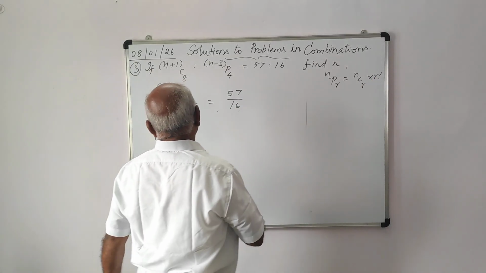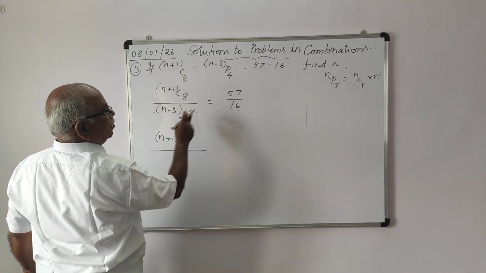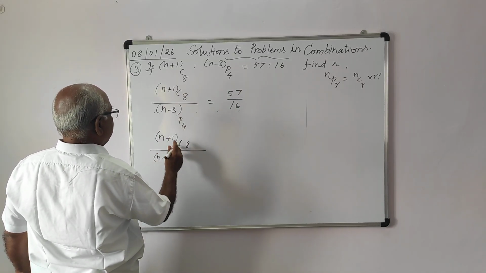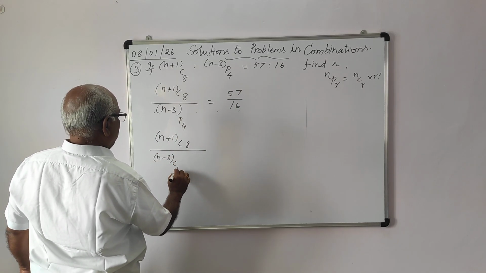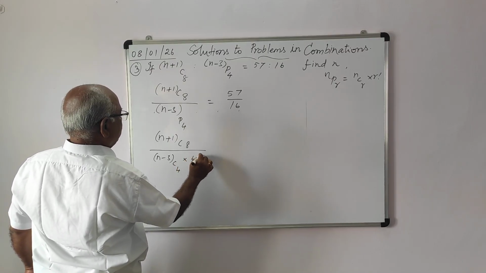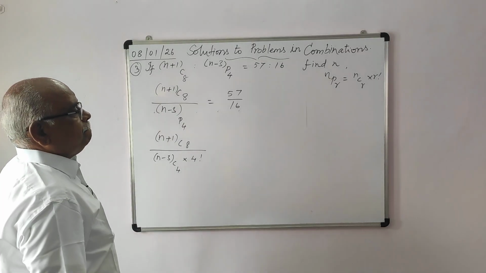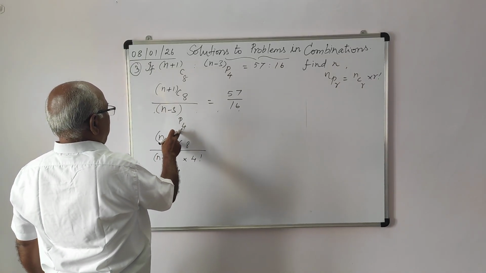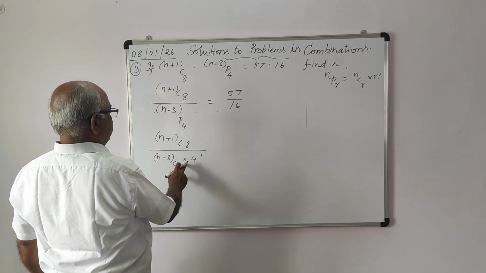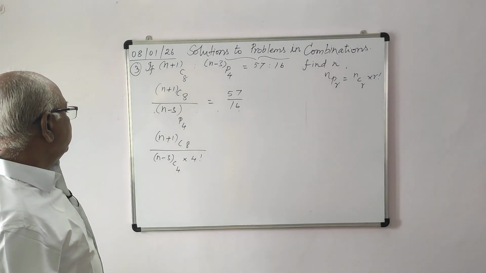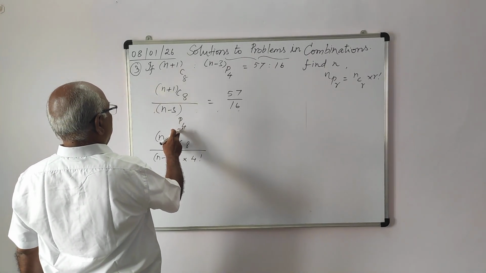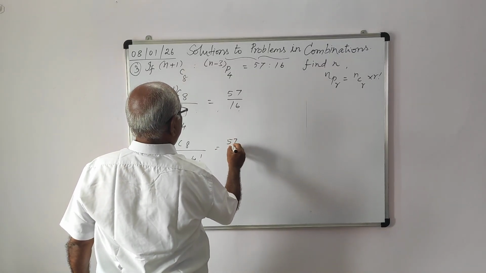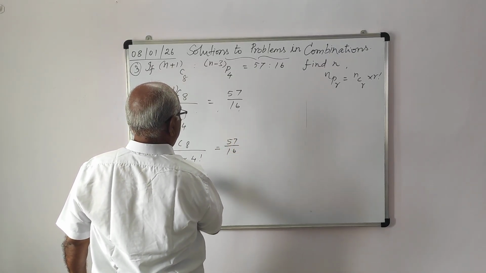Using this idea, (n-3)P4 equals (n-3)C4 into r factorial, and r is 4. That formula: (n-3)P4 is (n-3)C4 into 4 factorial.